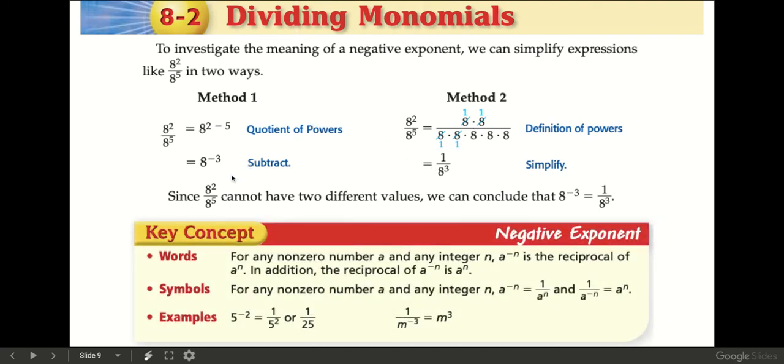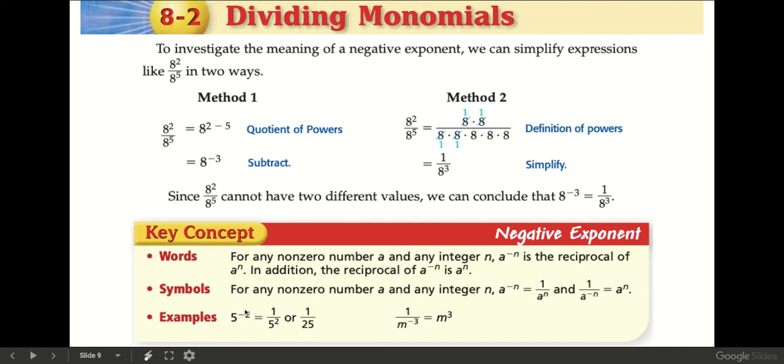So if I know a to the third power, I can find a to the negative third power, right? Whenever you're dealing with negative exponents, all you're dealing with is reciprocals, okay? Anytime you have a negative exponent, all you have to do is change its location in a fraction. If it is in the numerator, you can move it to the denominator, or if it's in the denominator, you can move it to the numerator.